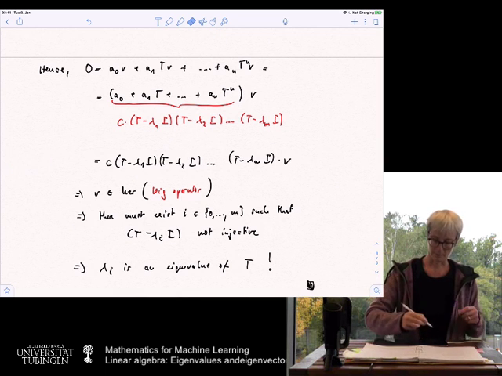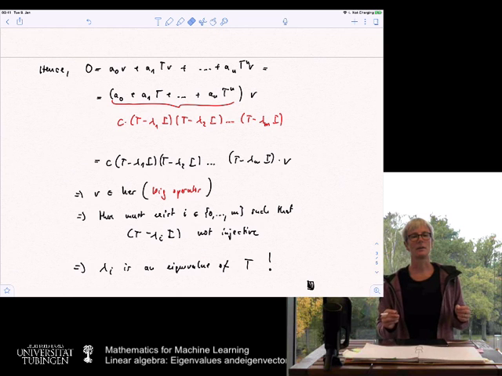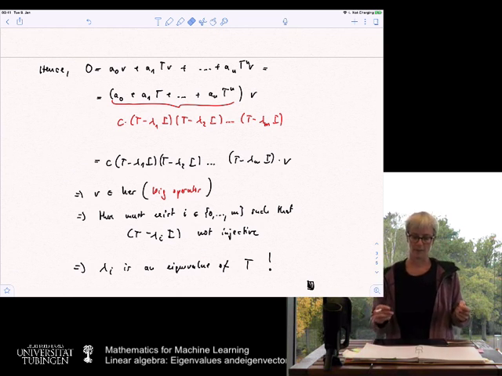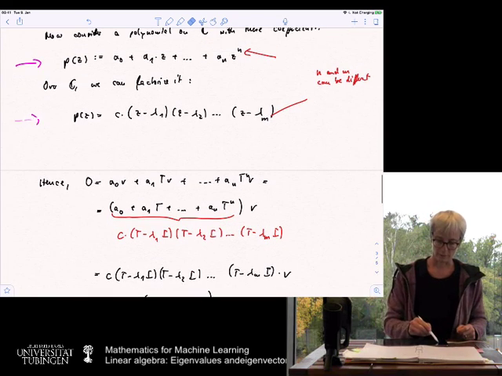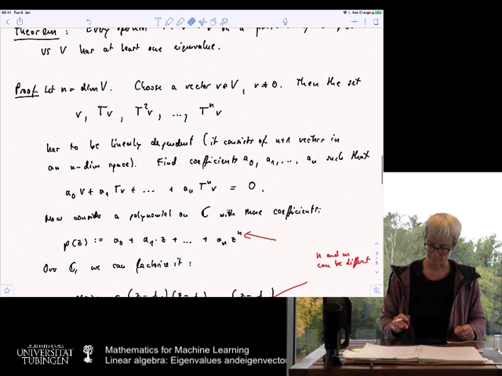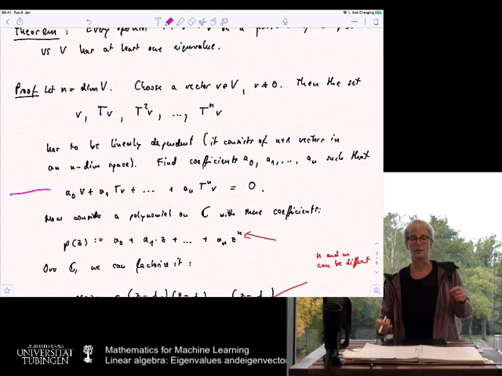What is maybe a bit important to understand is this vector v, of course, is not necessarily an eigenvector of the operator t itself. And the fact is also that these coefficients, these a's that we found in the beginning, here, the a's that we find, of course depend on v.